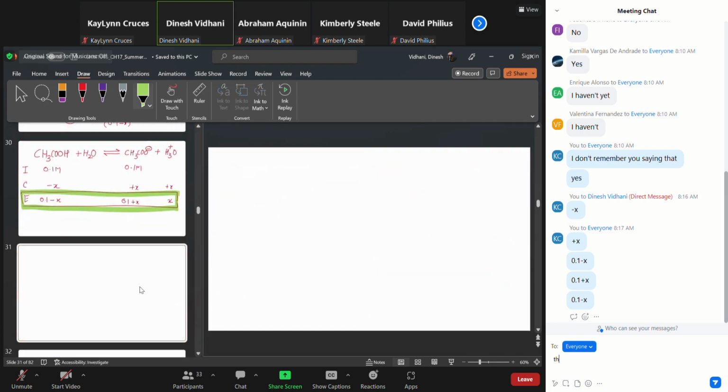let me draw the diagram that I had earlier. This is what you had at equilibrium, right?